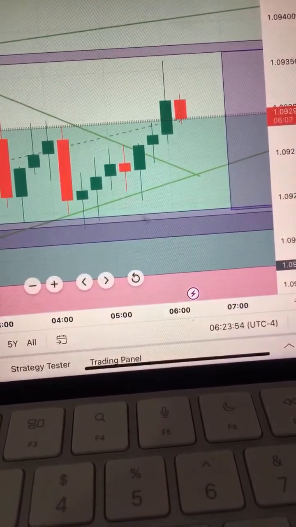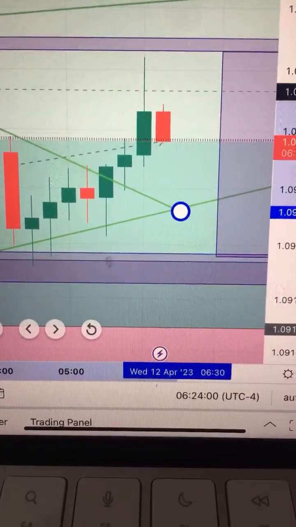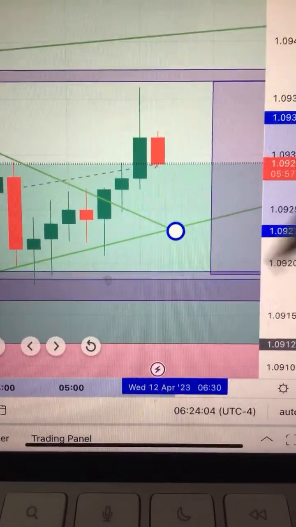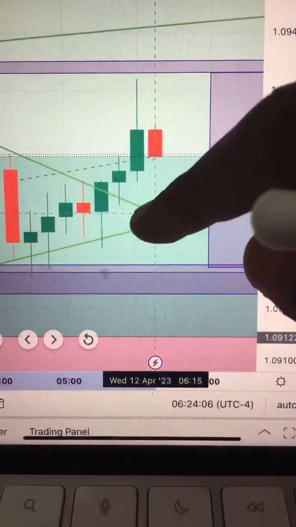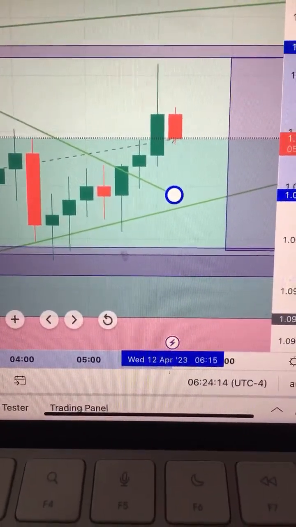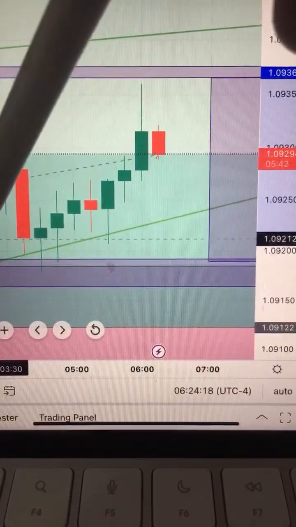So I have no confirmation right here for a buy. Let me see if there was a confirmation right here, and there is no confirmation for a buy. So I will use my resistance and my support and see if the chart does break that price.